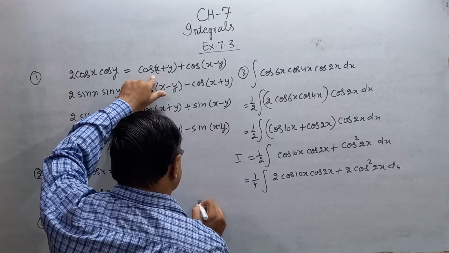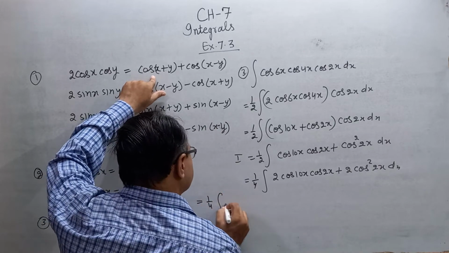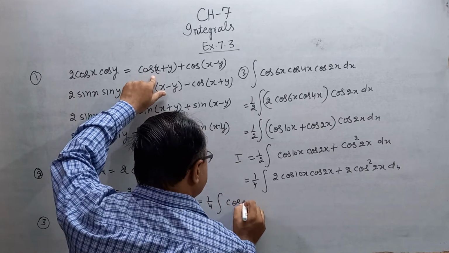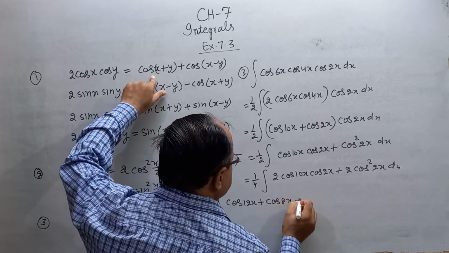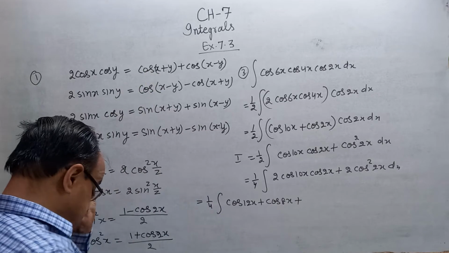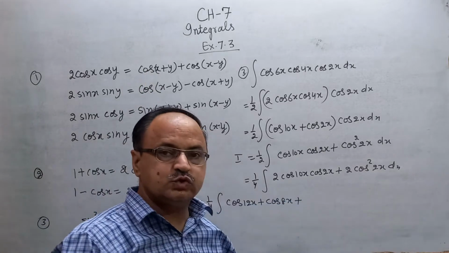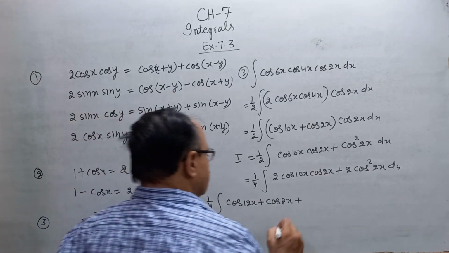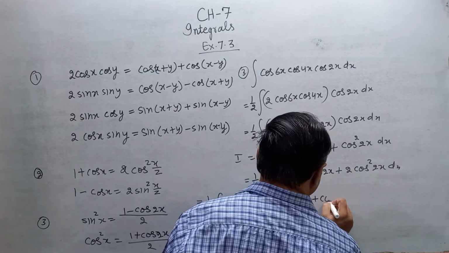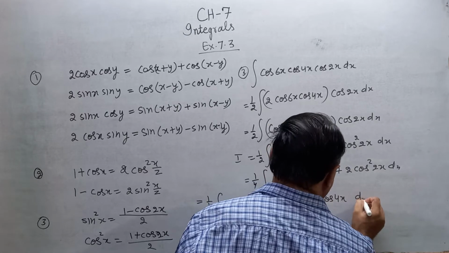2 cos x cos y is cos x plus y, that is cos 12x plus cos 8x, and for 2 cos square 2x the formula gives 1 plus cos 4x dx.